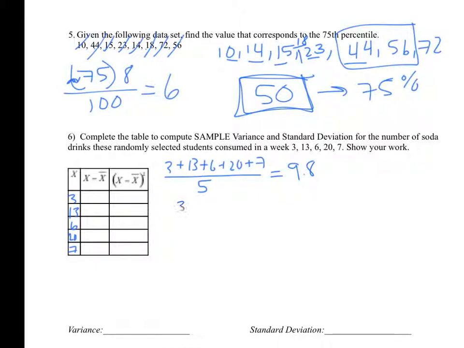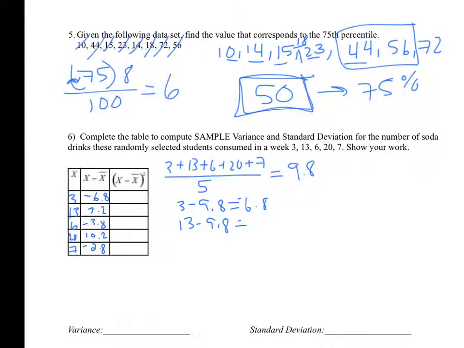And then you take each one of these minus 9.8. So 3 minus 9.8 is negative 6.8. Then 13 minus 9.8. You're going to put the table together by taking each one of these minus the mean.